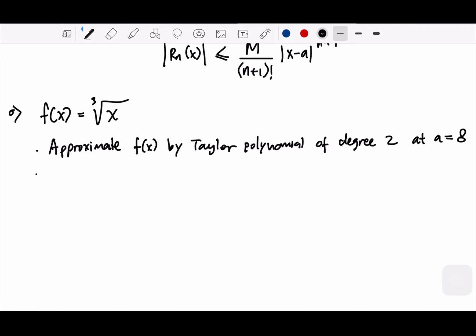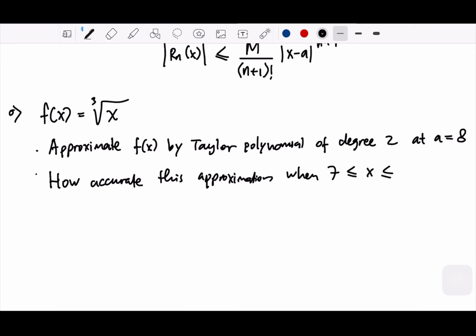And then, how accurate is this approximation when 7 is less than or equal to x, which is less than or equal to 9? So we have the interval from 7 to 9. The question is asking what the error will be.